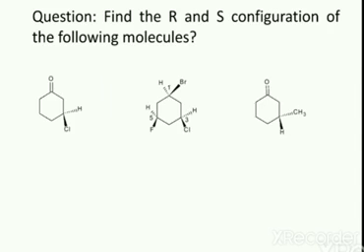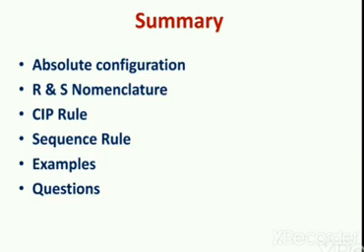And I have given here some of the questions asked in the examinations. You can work out those questions. So far we have discussed what is absolute configuration, what is RS nomenclature, and how we find RS nomenclature using the CIP rule and sequence rule.